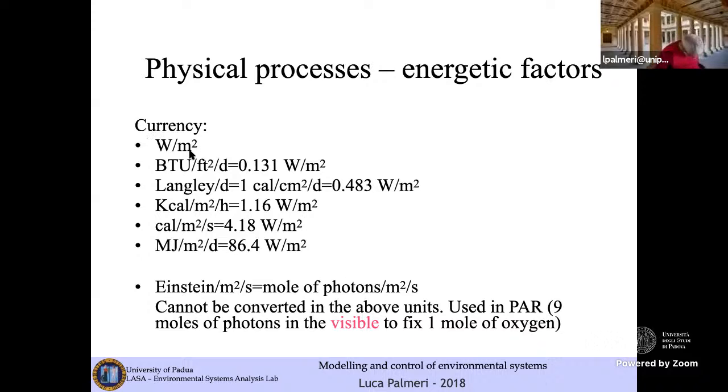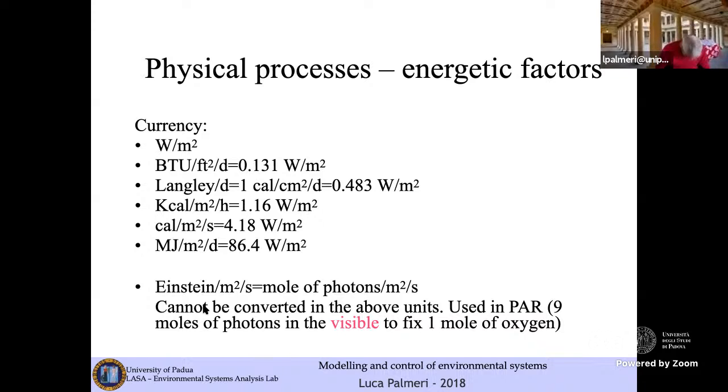The classical one is the unit of the solar constant, watt per square meter, or the British thermal units, or the Langleys, or kilocalories, or small calories per square meter per second, or megajoules per square meter per day, or finally Einsteins per square meter per second. Einsteins are moles of photons per square meter per second.